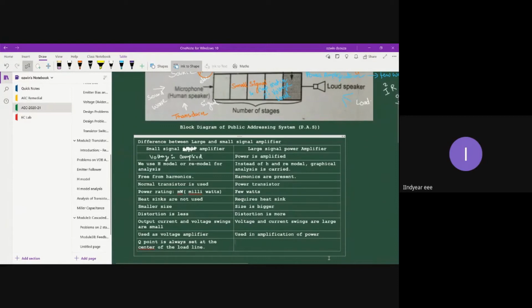On the other hand, in case of a power amplifier, the Q point location varies from amplifier to amplifier.